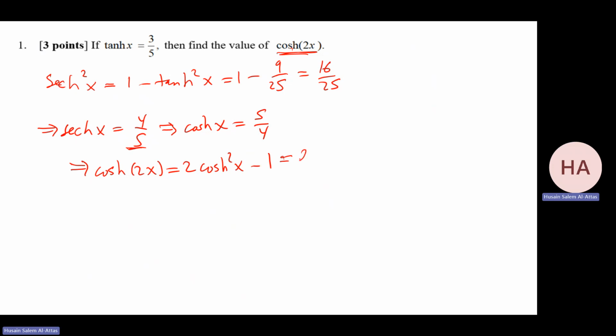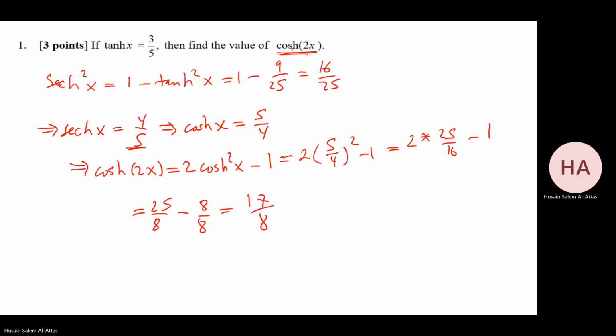That will be 2 times 5 over 4 squared minus 1. That will be 2 times 25 over 16 minus 1. That will be 25 over 8 minus 8 over 8. That will be 17 over 8. Okay.